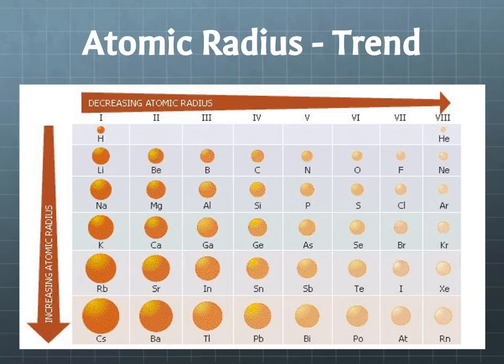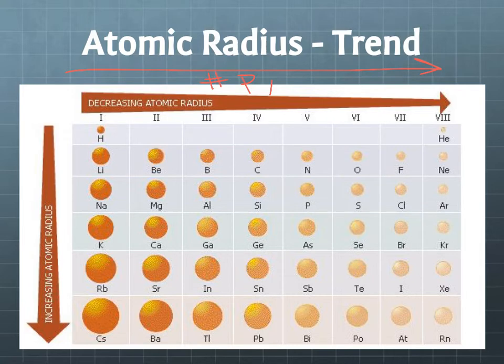In this one, they took out the D block elements, the transition metals, just to simplify it a little bit. So going from left to right, atomic radius gets smaller. Again, because we are increasing the number of protons, or the nuclear charge, and that makes the attraction larger. And across the period, these all have the same number of energy levels, so they have the same amount of shielding.